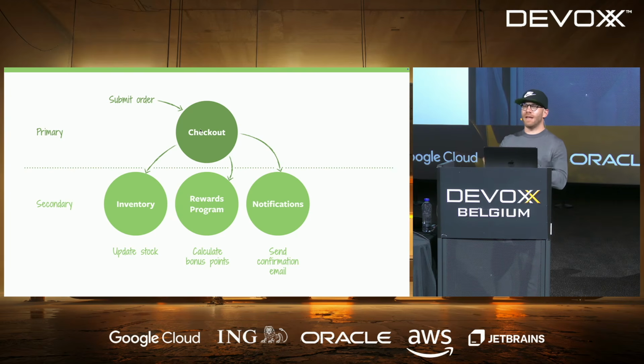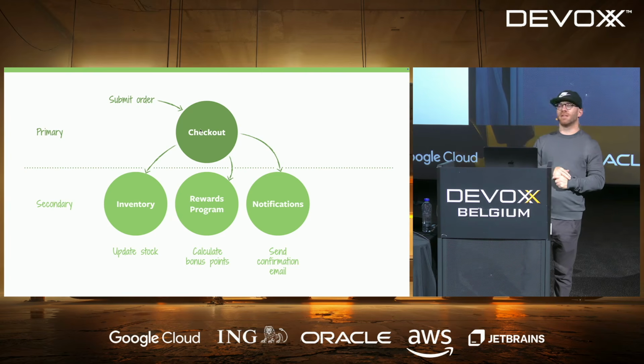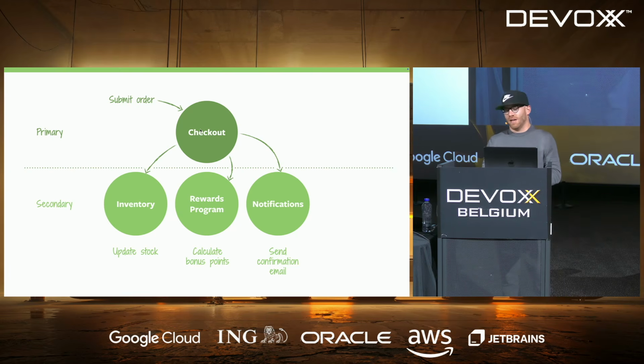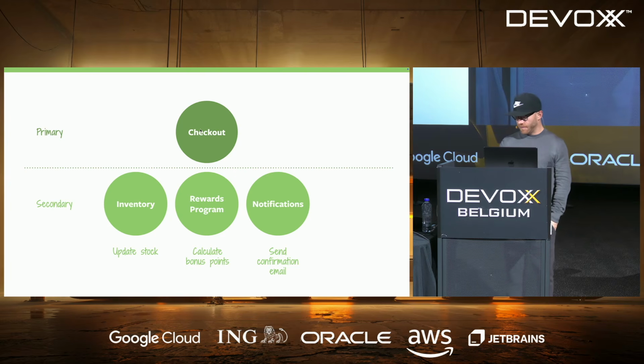It's somehow related, but not necessarily the core of our business. Updating the stock is core to our business, but the bonus program, I don't know. So there are different levels of severity to one of the secondary functionalities failing or not failing.